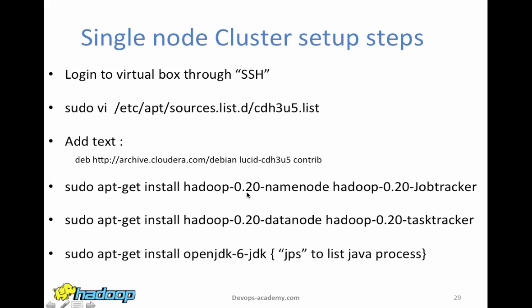We'll install the master nodes, Hadoop 0.20 name node, Hadoop 0.20 job tracker. These are master nodes, and then we install slave nodes, the data node and the task trackers. These are binary packages. So if you don't have Java on the system, please install the OpenJDK 6.